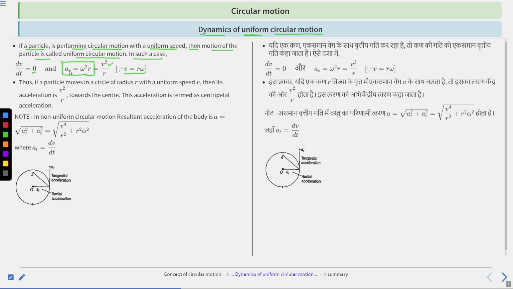So we can say a_c is equal to v square by r. So this is the formula. Clear? Thus, if a particle moves in a circle of radius r with uniform speed v, then its acceleration is v square by r. Clear? This is the acceleration when the particle moves with uniform speed, directed towards the center.